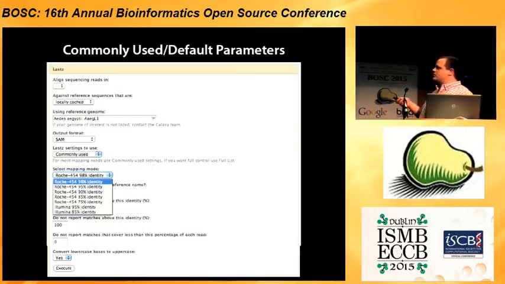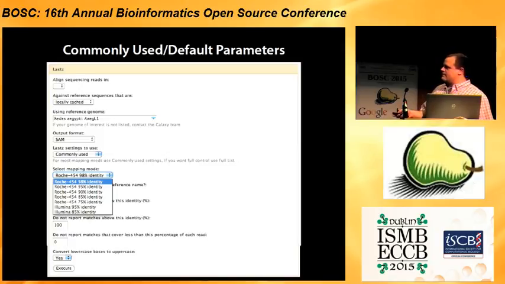In addition to tool pages, one of the things we try to do inside of Galaxy is make it very easy to run tools. And so we provide a commonly used set of default parameters when you first load a tool interface.